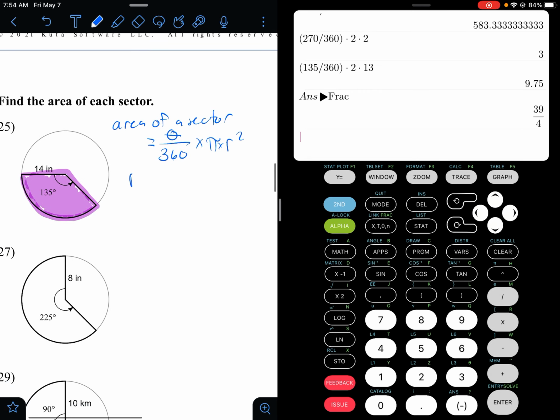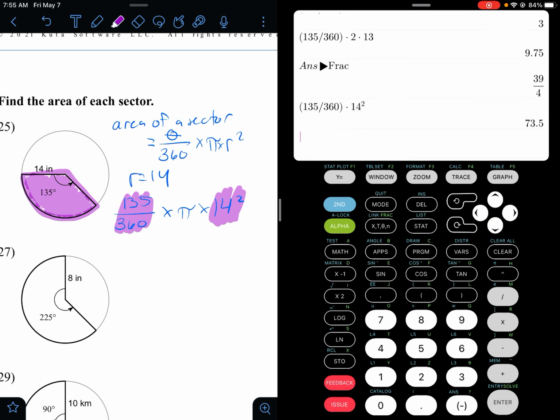All right, so our radius here is 14, and our theta is 135. So we're going to do 135 over 360 times pi times our radius squared. And again, you're going to plug in everything that is not pi. So we're going to do 135 divided by 360 times 14 squared.